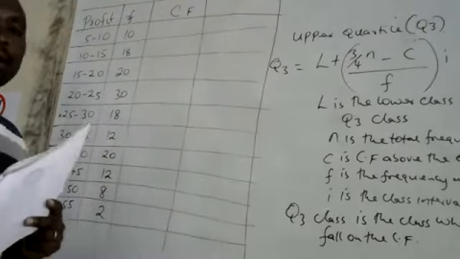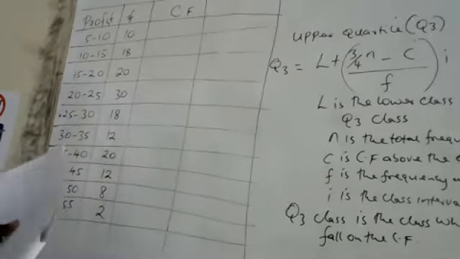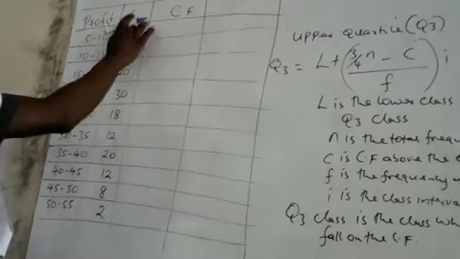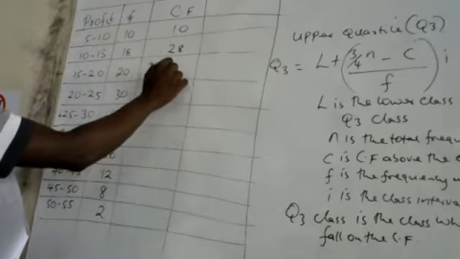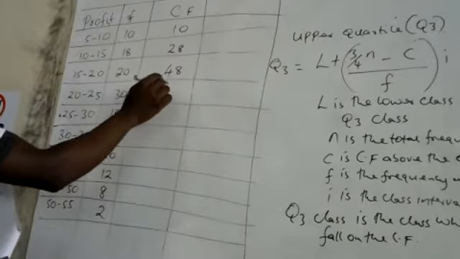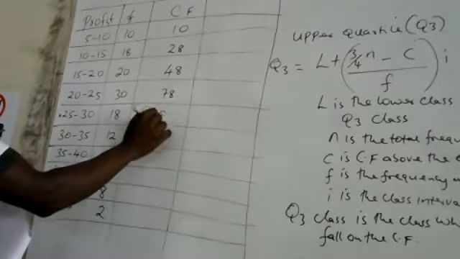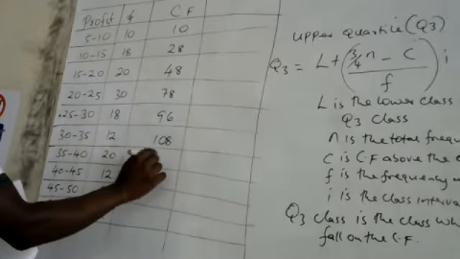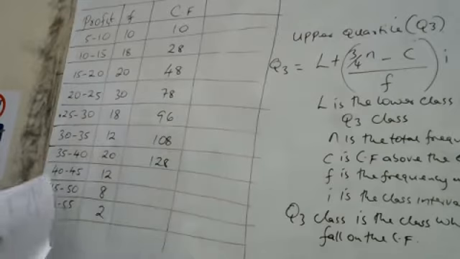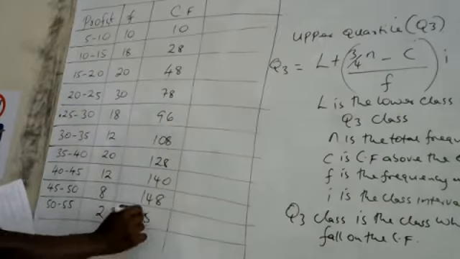From that, we are supposed to get the cumulative frequency. Always we must calculate using the cumulative frequency. The first frequency is 10, plus 18 gives 28, plus 20 gives 48, plus 30 gives 78, plus 18 gives 96, plus 12 gives 108, plus 20 gives 128, plus 12 gives 140, 148, 150.